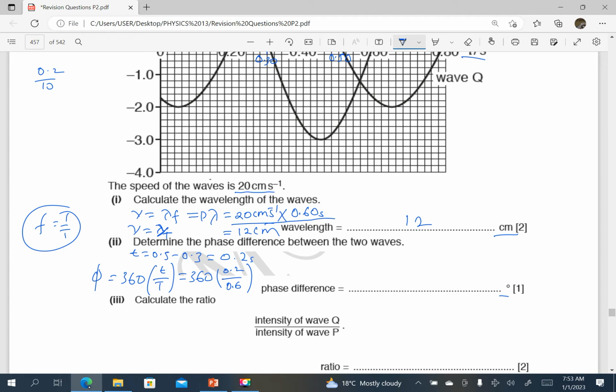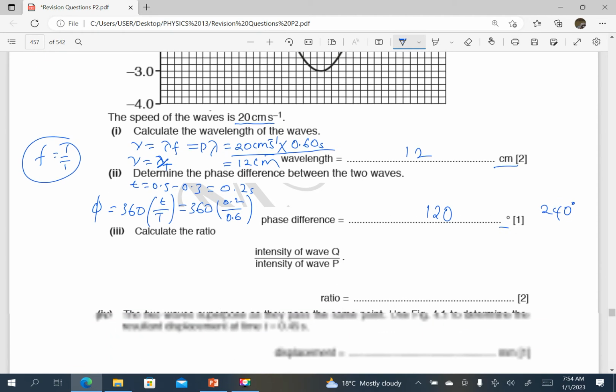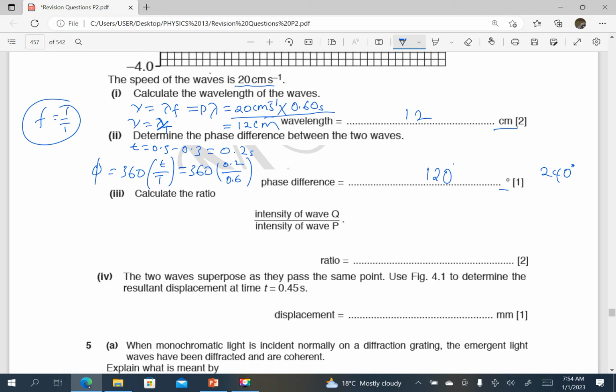So the phase difference is 120 degrees. Of course, another angle which is acceptable will be 240 degrees. 240 degrees would be acceptable. But this is the most direct answer that you can see from the graph.